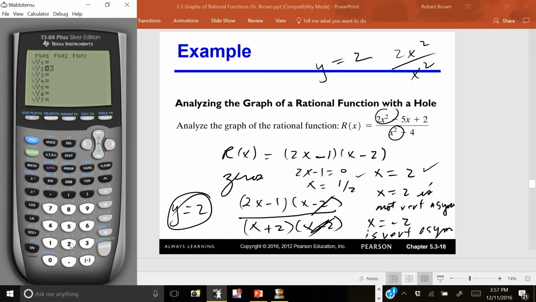Let's plug in y equals 2, which we believe is going to be the horizontal asymptote, and then plug in the function itself, which is 2x squared minus 5x plus 2 divided by x squared minus 4.